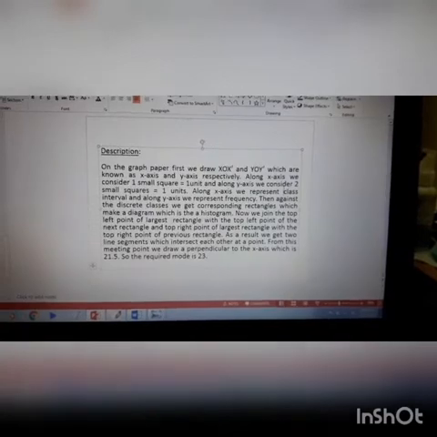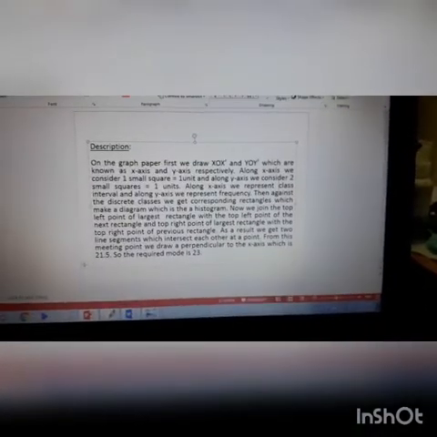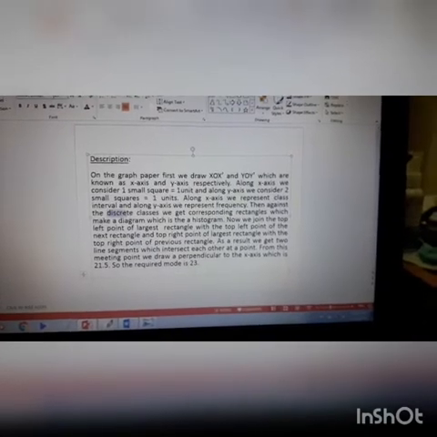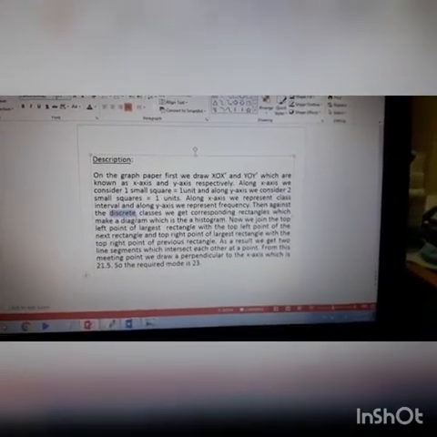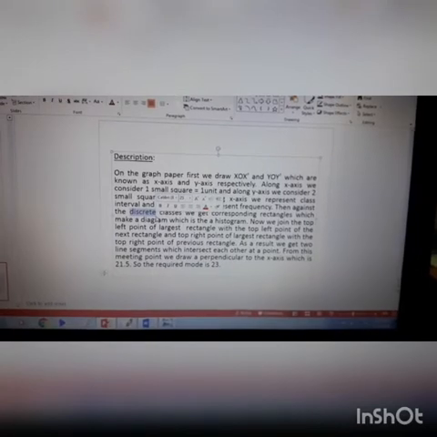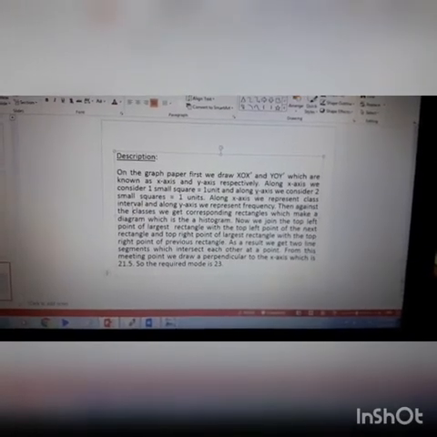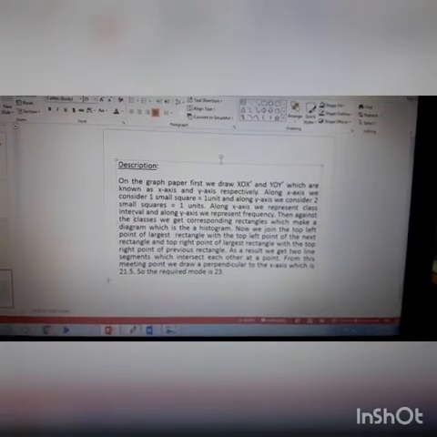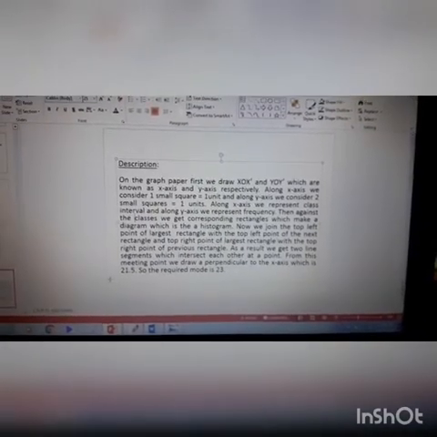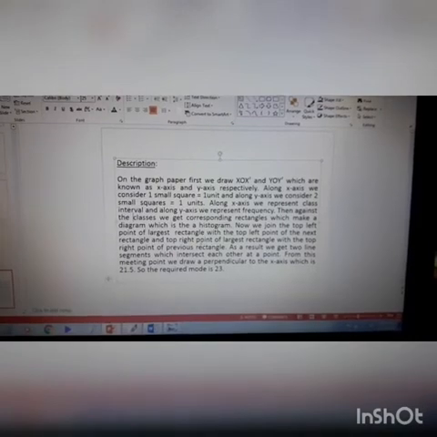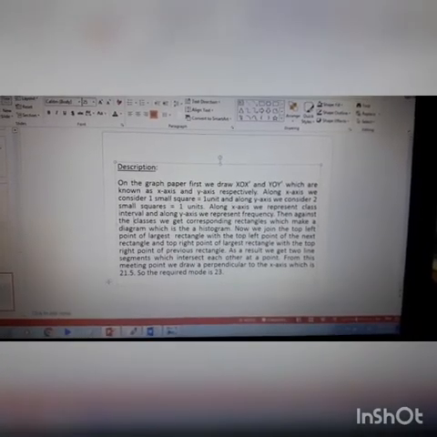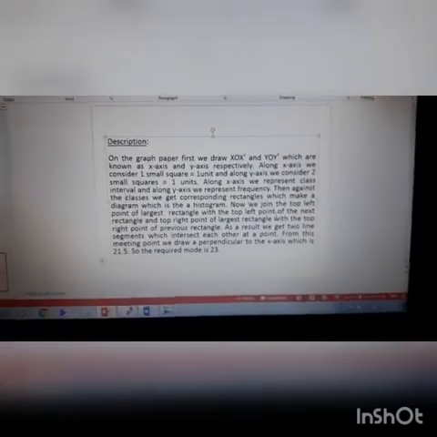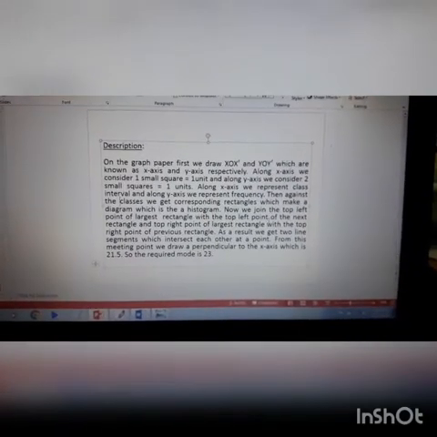Then against the class intervals, or against the classes, we get corresponding rectangles, which make a diagram, which is a histogram. First we have to draw the histogram. Now we join the top left point of the largest rectangle with the top left point of the next rectangle, and the top right point of the largest rectangle with the top right point of the previous rectangle.